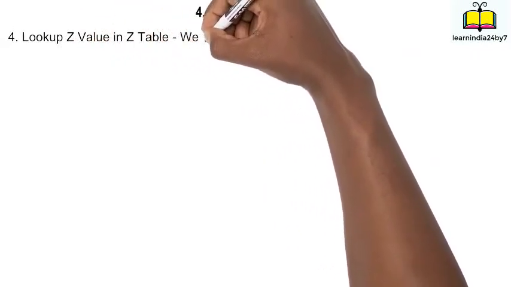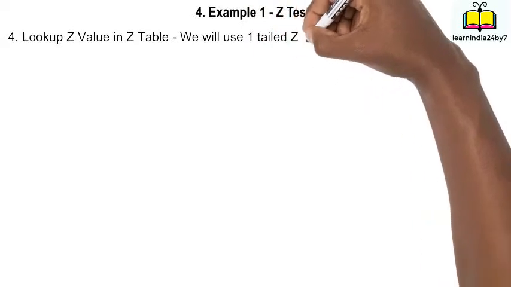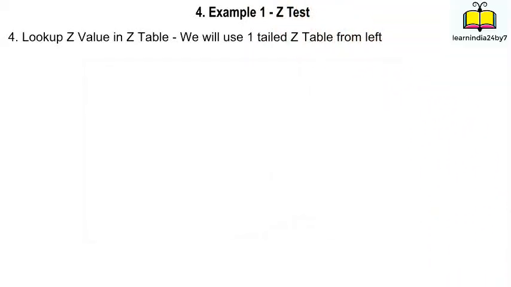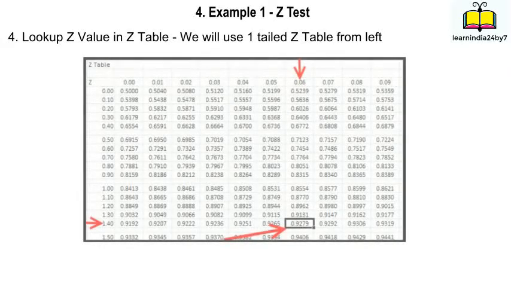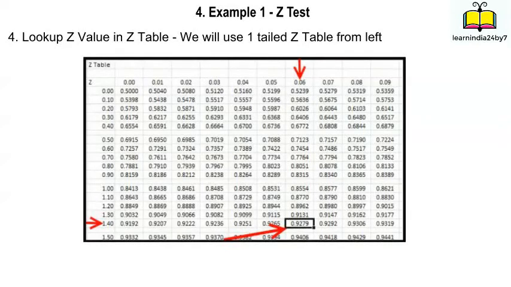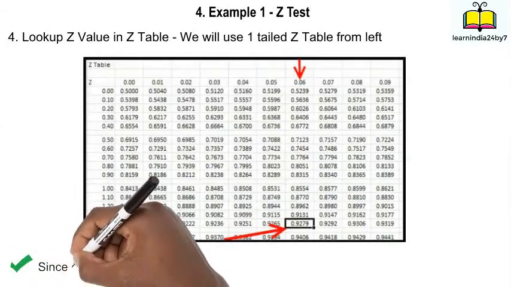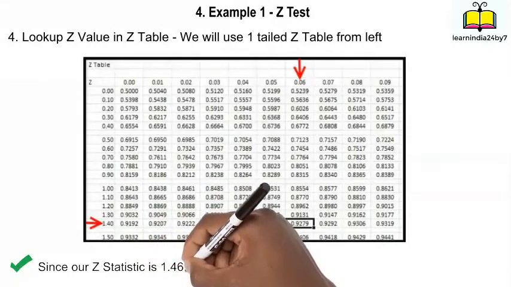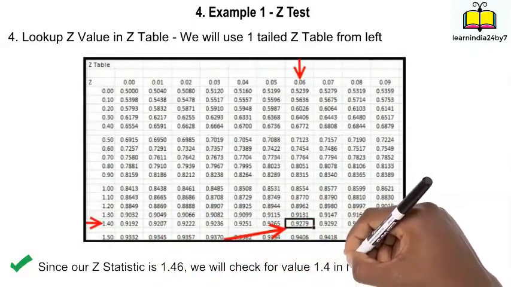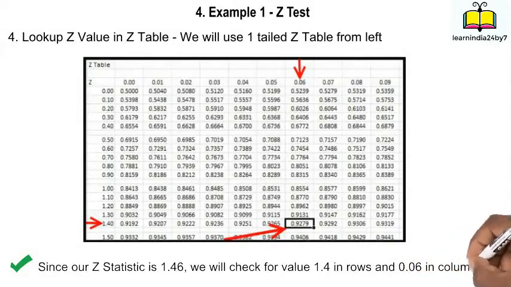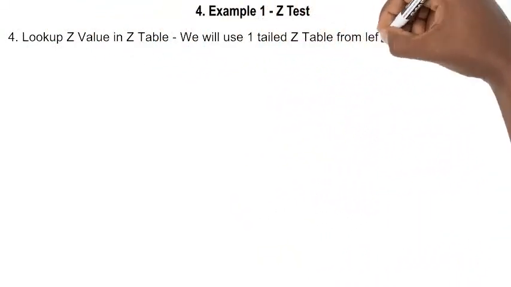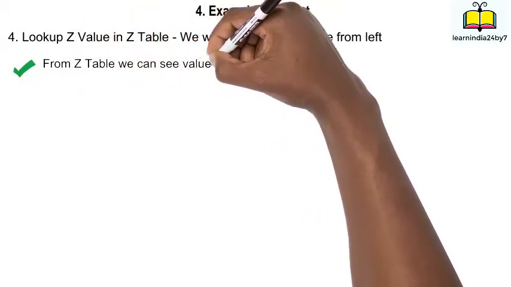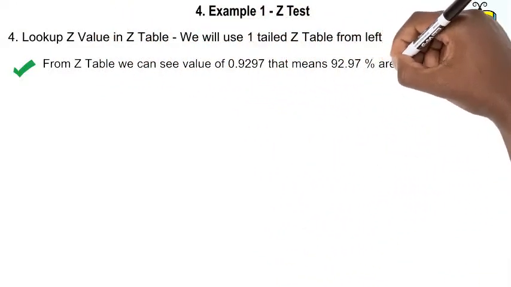To find the Z value in the Z table, we will use the one tail Z table from the left. Since our Z statistic is 1.46, we will search for the value 1.4 in rows and similarly the value 0.06 in columns. From the Z table, we can see a value of 0.9279.